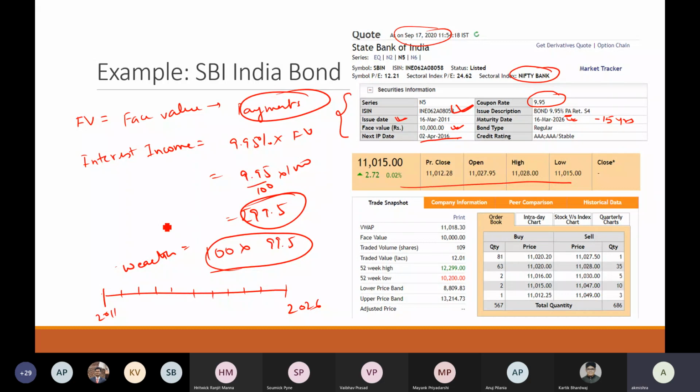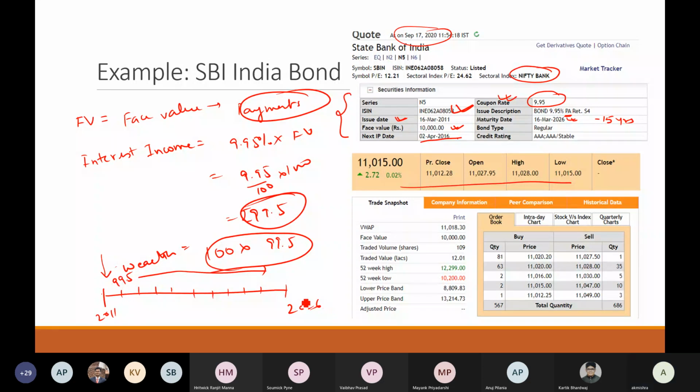If you want to know how much wealth this bond will create for you in 2011, you can calculate it. How? 9.95% of coupon you will be getting every year. So we know that every year, for each bond, you will get 99.5 rupee. This you will get up to 2016.